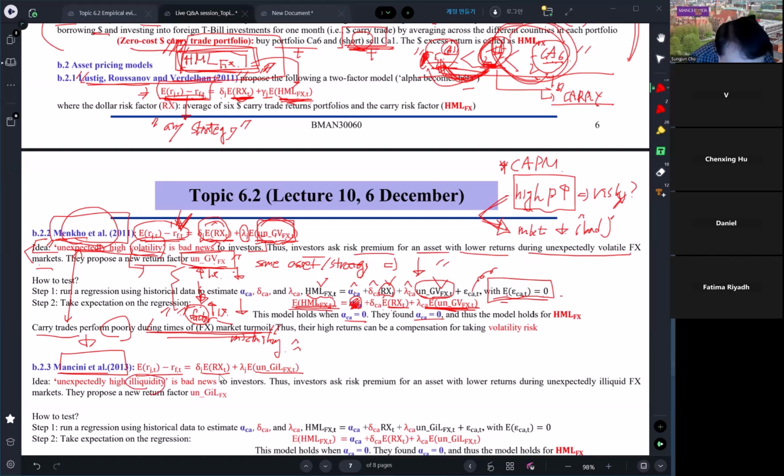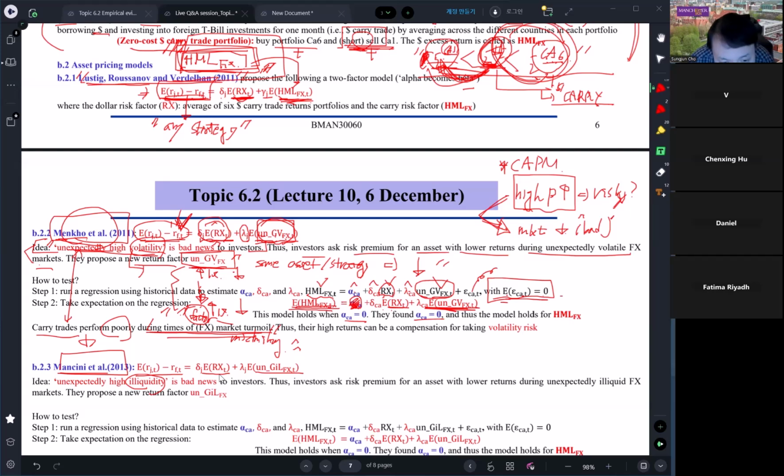In their model, they said unexpectedly high illiquidity is bad news. So there's sudden news in the market saying that from now on, it's not easy to buy and sell assets in the market. If you have invested in a certain asset, after hearing this news, you learn that it's not easy to sell your asset in the market. That's not good news.